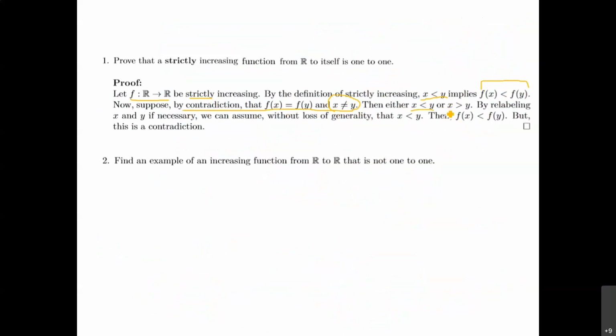One of them has to be less than the other. Without loss of generality, x less than y, then you should get this. But contradiction, because of your assumption here. Okay, hopefully that was clear.